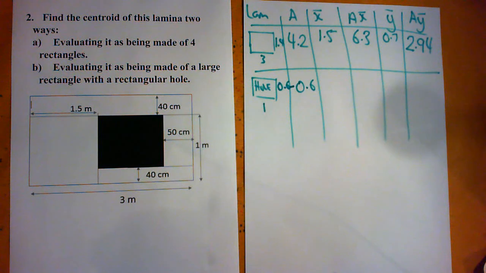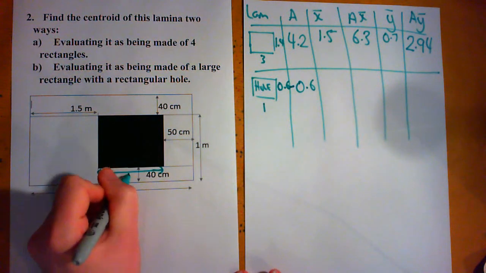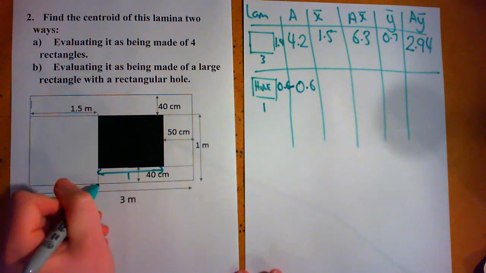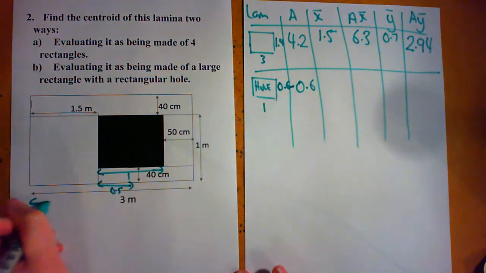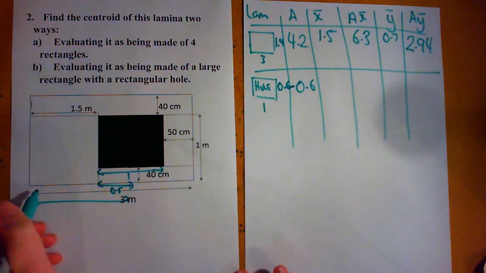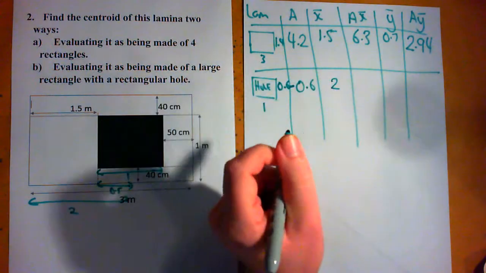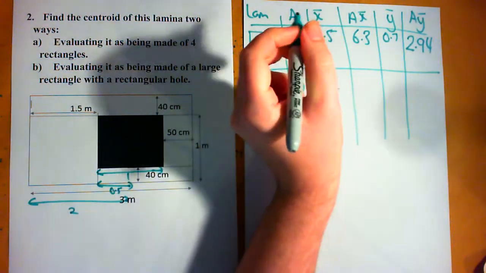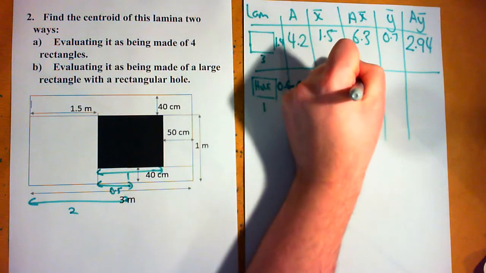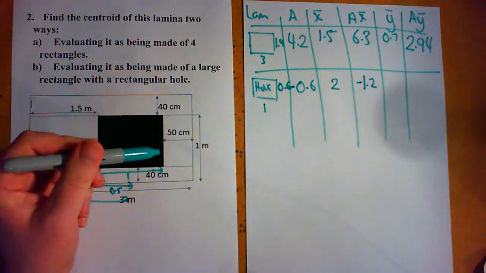Now, where is the centre of the hole in the x bar direction? So we've identified the width to be 1 metre. Half of this must therefore be 0.5 metres, which, adding in this 1.5 metres, gives you 2 metres from the left hand end. And A times x bar is minus 0.6 times 2, giving you minus 1.2. So what about y bar for the hole?